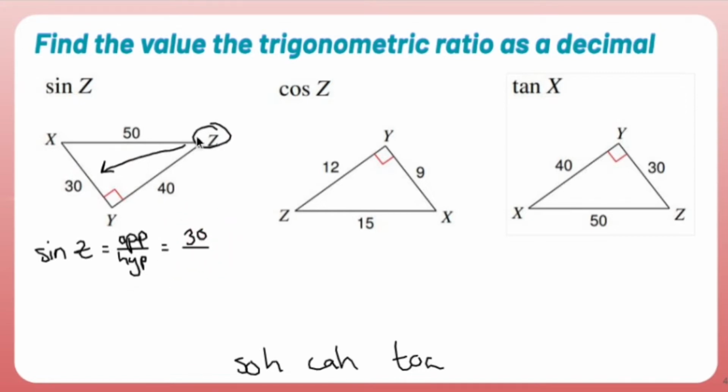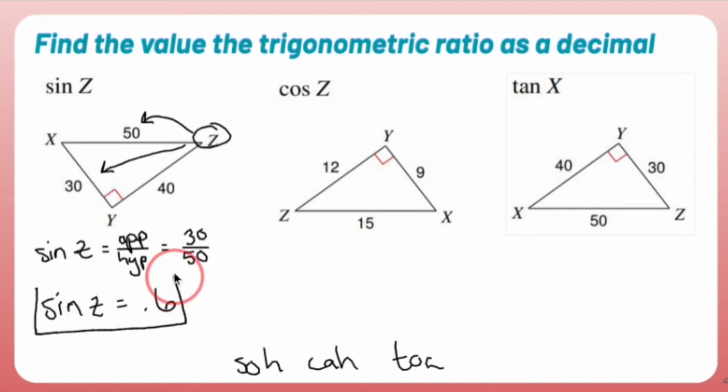My hypotenuse is always 50 because 50 is going to be opposite of the right angle. 30 over 50 simplifies to 0.6. So sine Z is going to be 0.6 in this one problem right here.